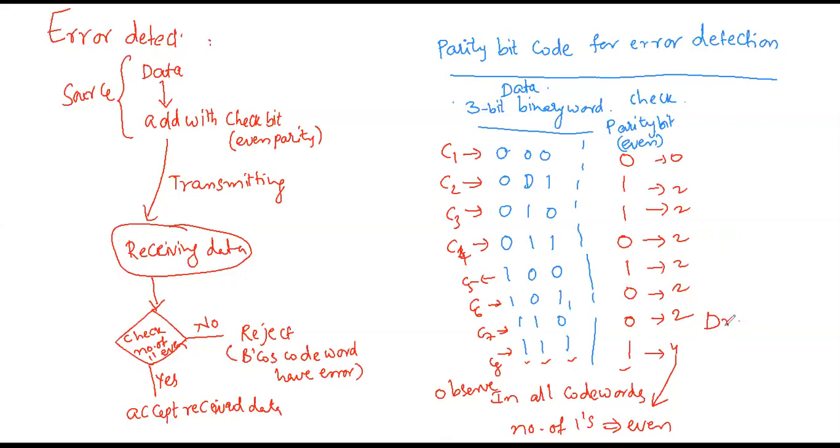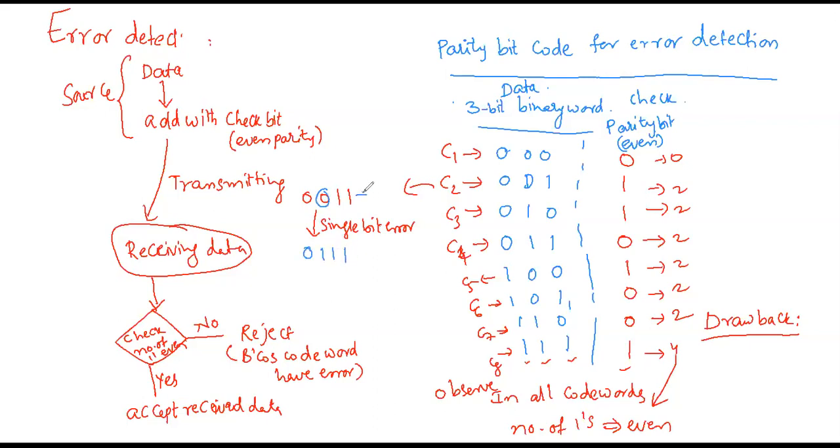So, now the drawback. Take one code word, 0, 0, 1, 1. Now, if there is a single bit error, meaning one bit is changed, consider 0, 1, 1, 1.